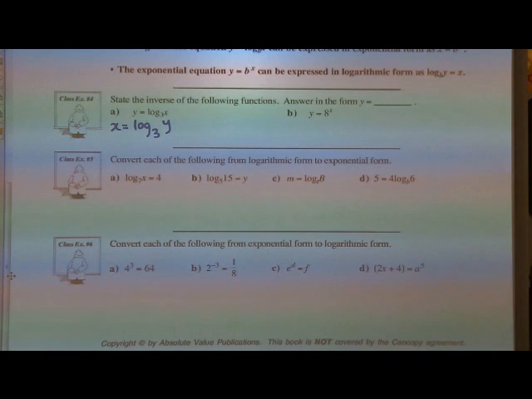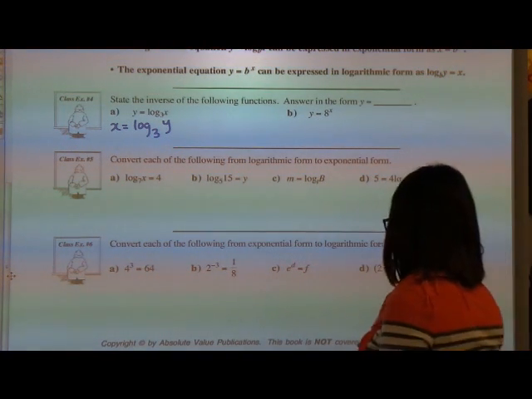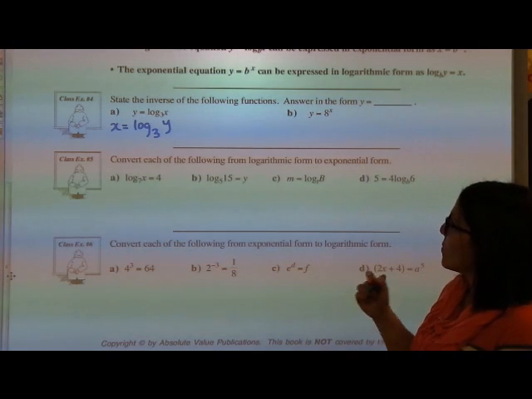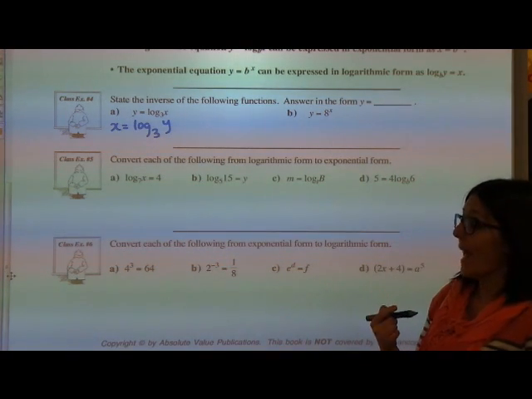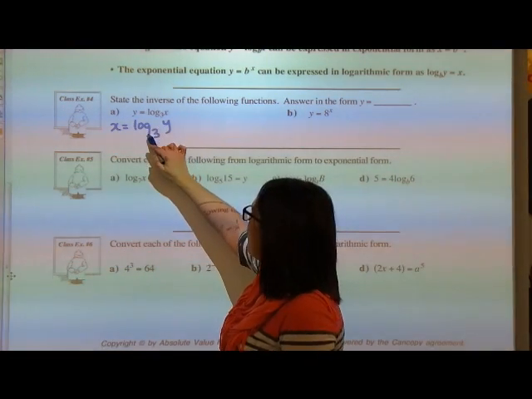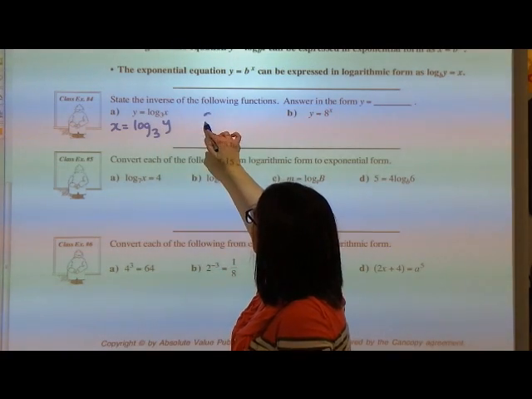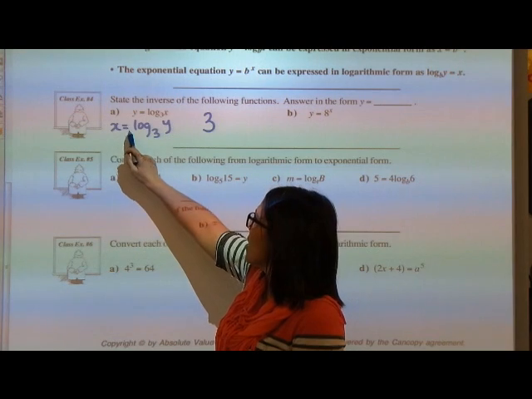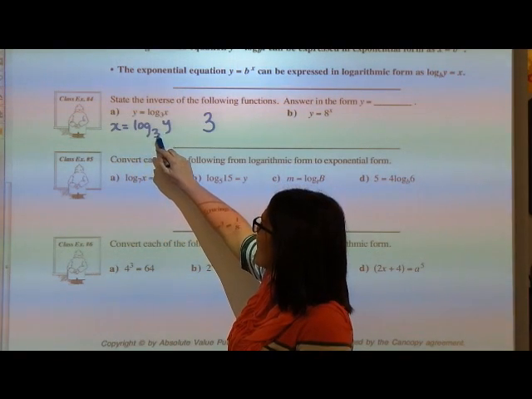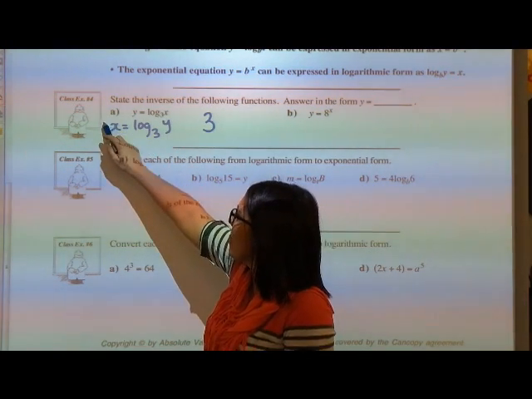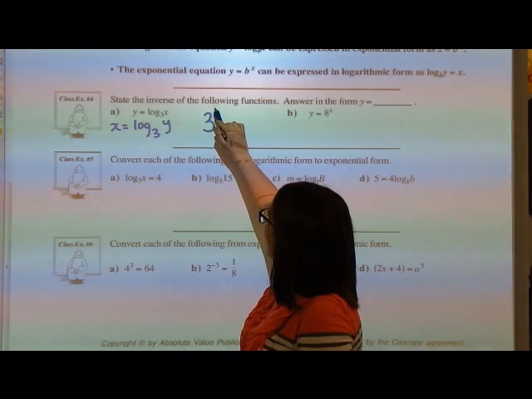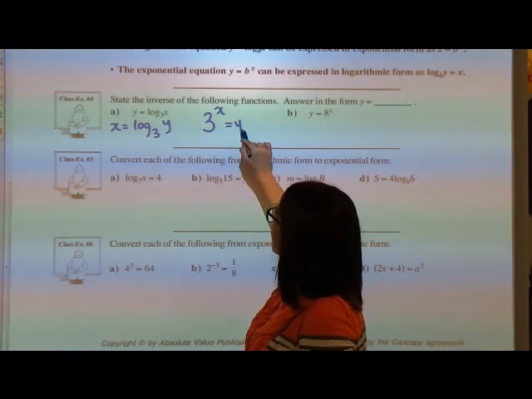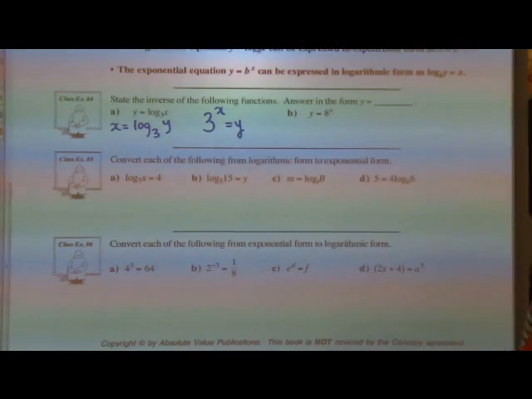Now, if I want to write this as a y equals equation, I have to go back into exponential form. So if I remember the be happy, or sorry, the bacon and eggs, this is my exponent. So I get 3 to the power of x equals y.